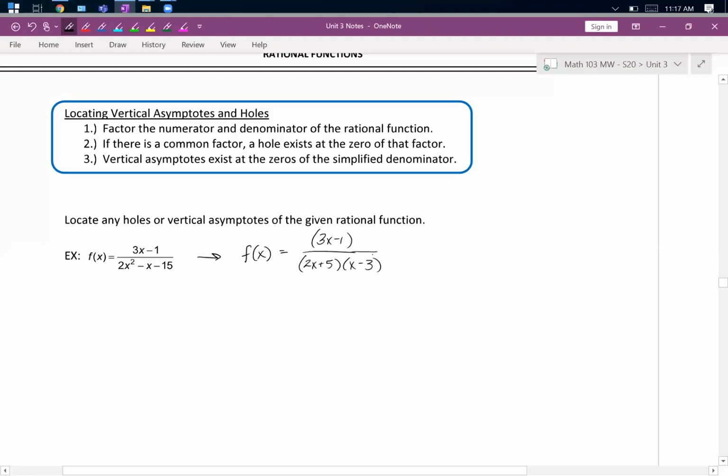So we look to see, do we have a common factor? And we don't. We don't have the same thing on the numerator and the denominator, so that means there's no hole. And it was because we had no common factors.